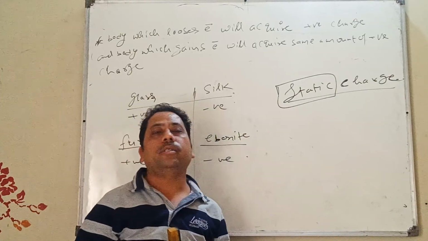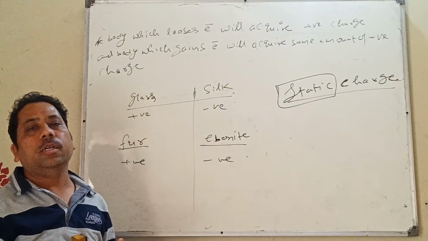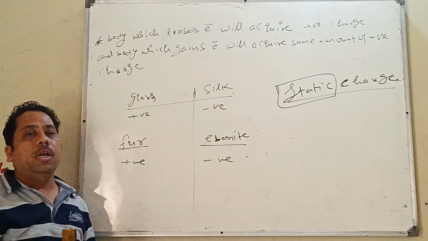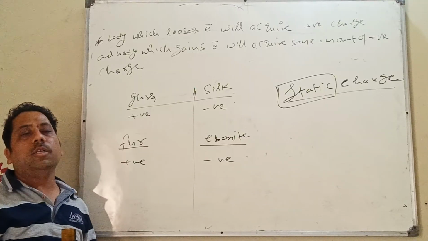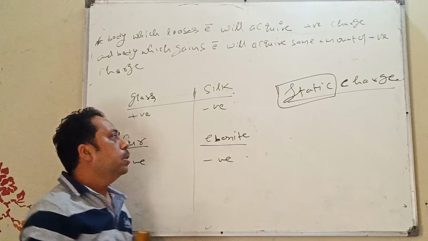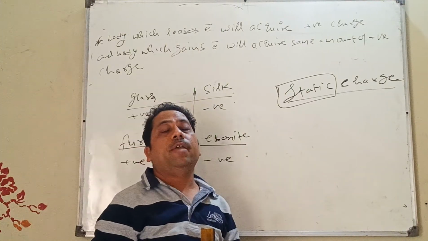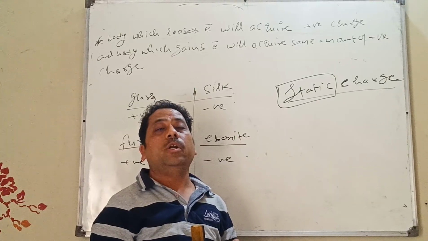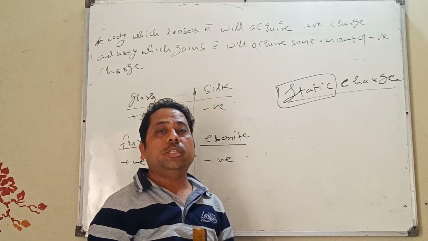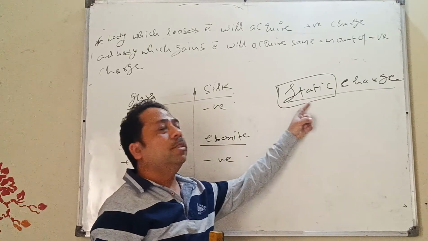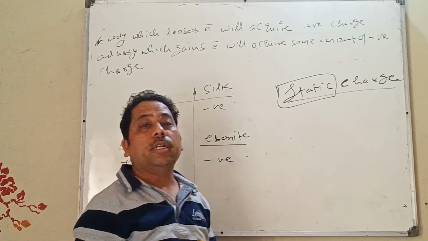So many more examples you can experience in daily life based on charging by friction. But the cause of charging by friction is very simple. Charging by friction means when two bodies are rubbed against each other, they both become equal and oppositely charged, and the charge developed is static charge.